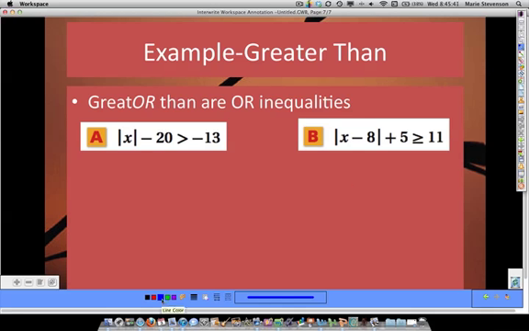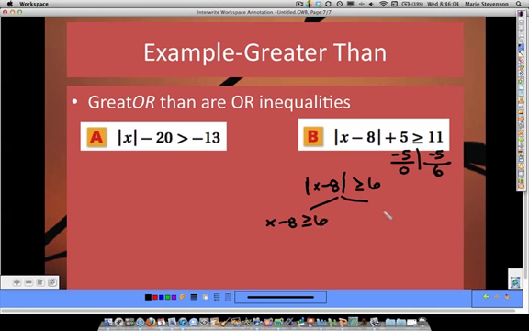Alright, so over here, we have to move the 5. So we're going to minus 5. So we want to isolate this before we split it up. So now we have the absolute value of x minus 8 greater than or equal to 6. Now it's isolated, so let's split it up.